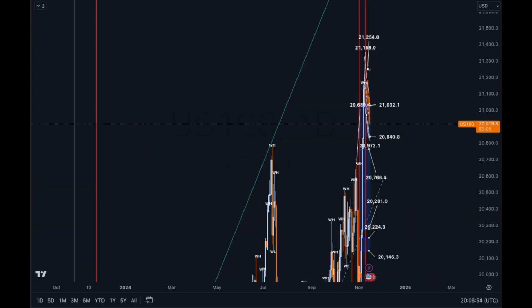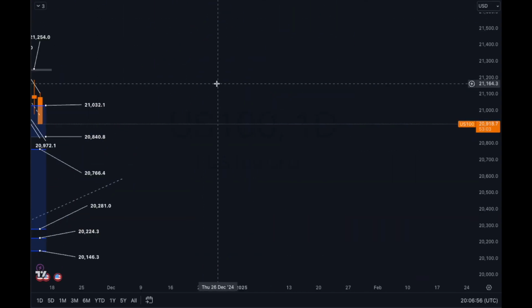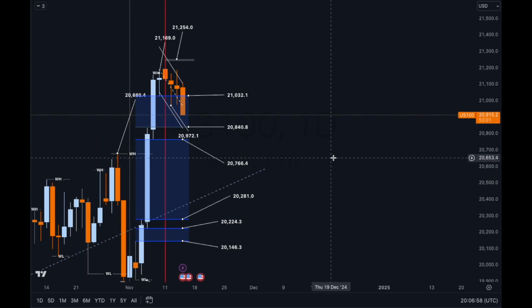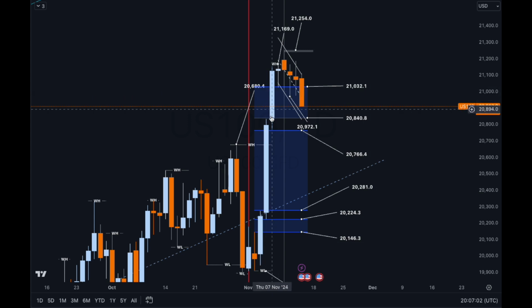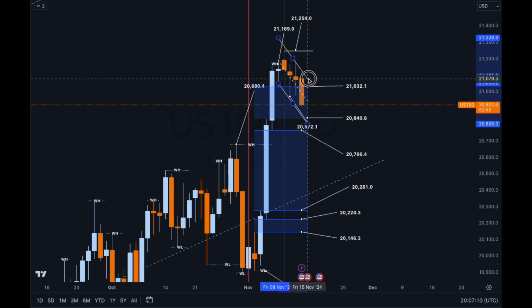So let me just show you, just in case you're just coming across this for the first time, right? As you can see, we're on the daily chart right now. You can see the FVG over here, the first one, the second one, and the third one. They're all here. Price is currently going into it and it is fulfilling this descending channel that it is now in.